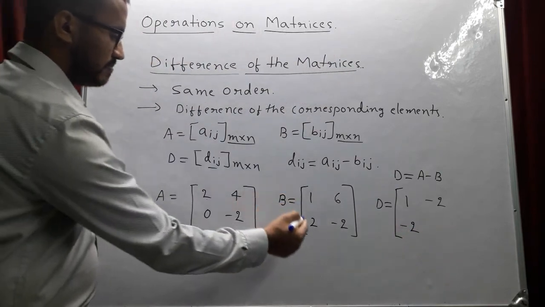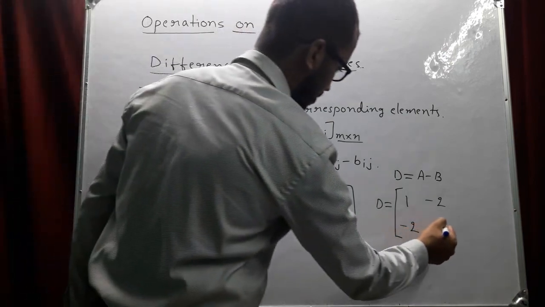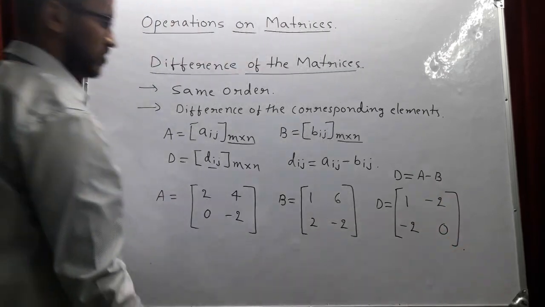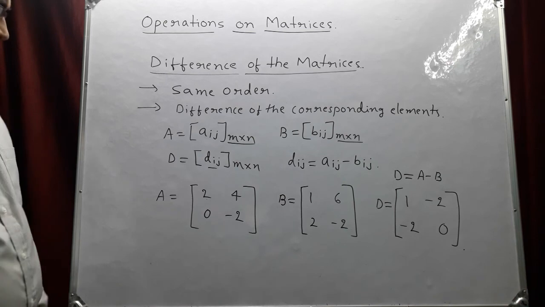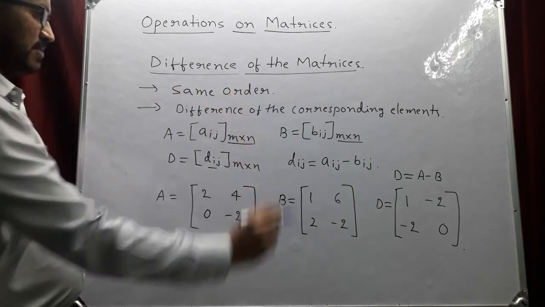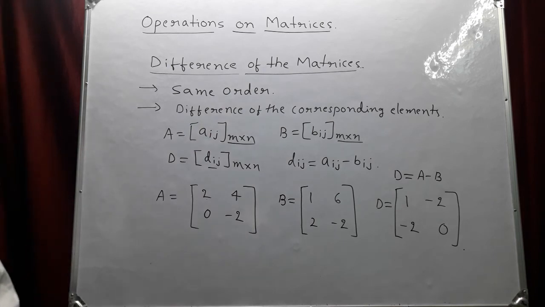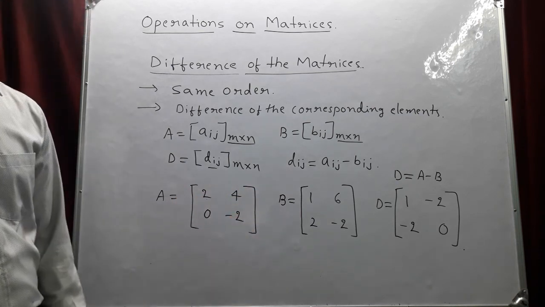Minus 2 minus of minus 2, that is minus 2 plus 2, we get 0. So like this we find the difference of the given matrices. They should be of the same order, and the resultant matrix is obtained by finding the difference of the corresponding elements of the given matrices.